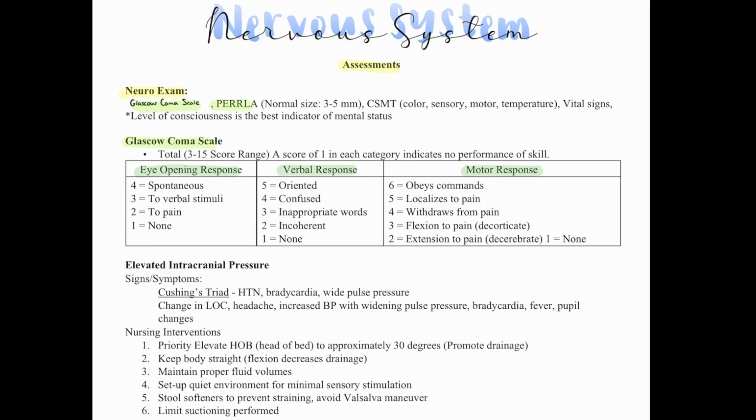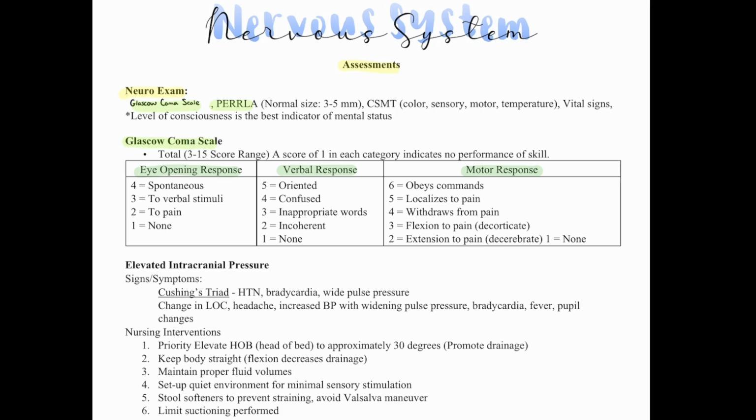And this is pupils equal, round, reactive to light, and accommodating. We want to remember that the normal pupil size is 3 to 5 millimeters. And the way we're checking this is we're shining a light into the pupil and we're looking to see if they are round, if both sides are equal, and when we say accommodating, do they change size when you shine light, and do both sides do it?